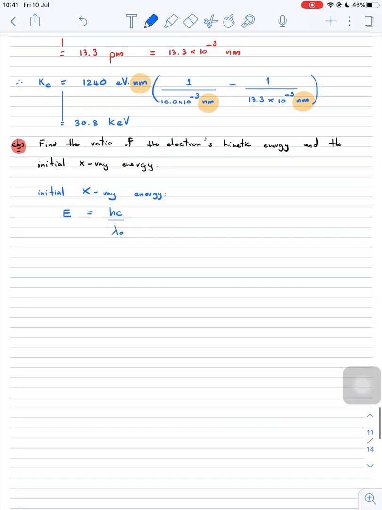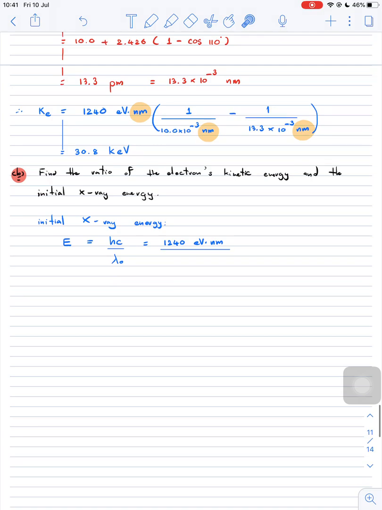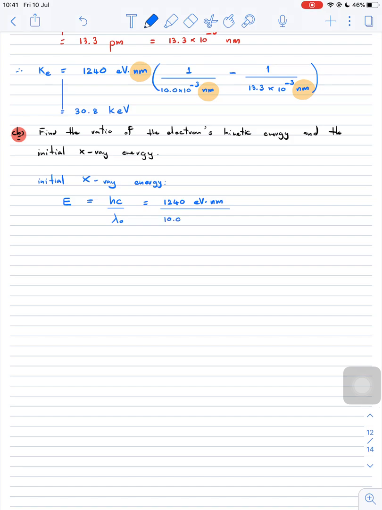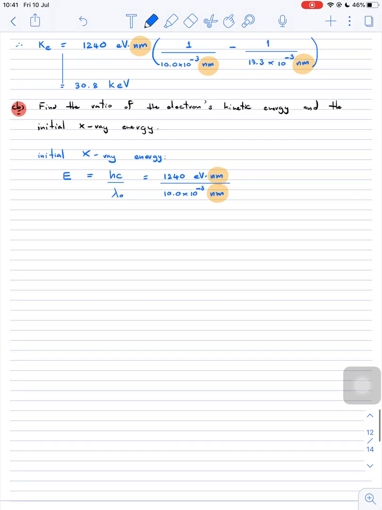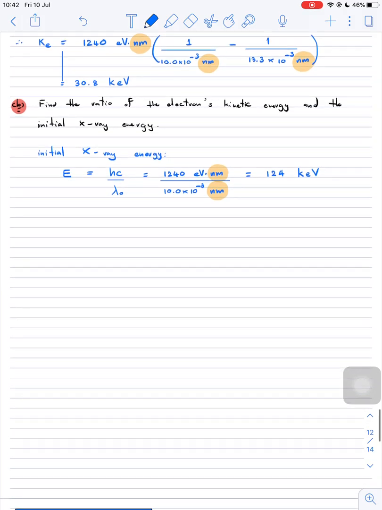That is 1240 electron volt nanometer over lambda naught, which is in picometer, so we convert it to nanometer: 10.0 times 10 to the negative 3 nanometer. The unit cancels out, and if we divide these two, it is just 124, which we combine with the electron volt to be 124 kilo electron volt.